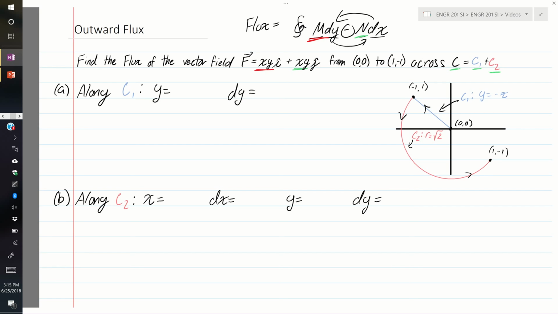So for y, it's just y equal to negative x, because that is our equation. Sometimes they may not be as direct as that. They might just give you points and say, find out what this is. But just note that they just want you to solve for whatever that equation is. And then dy is just the derivative times whatever it is with respect to.